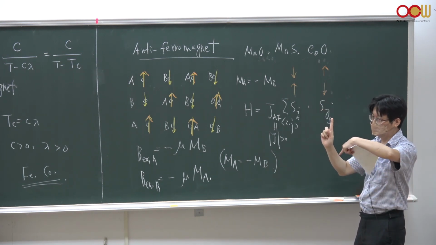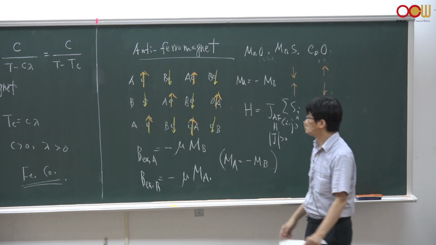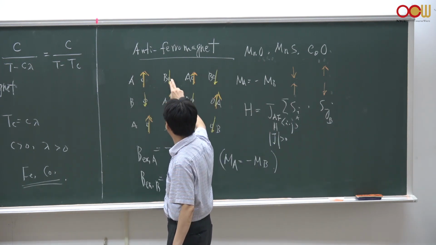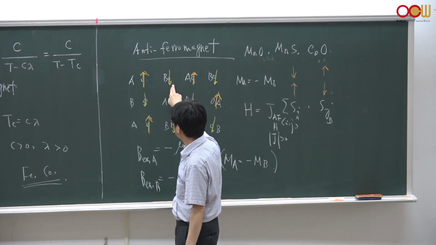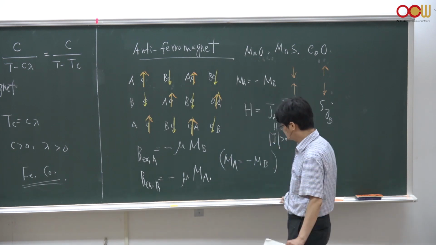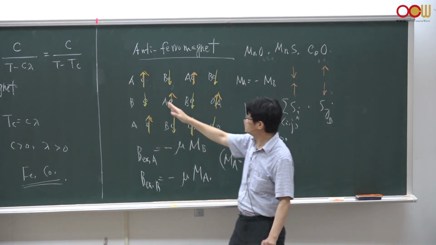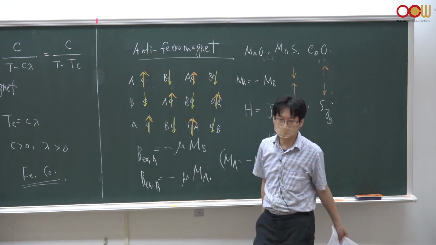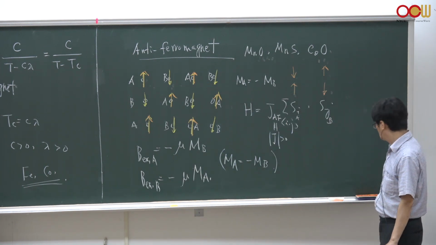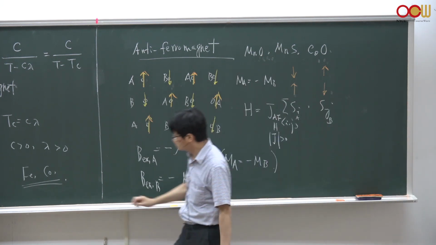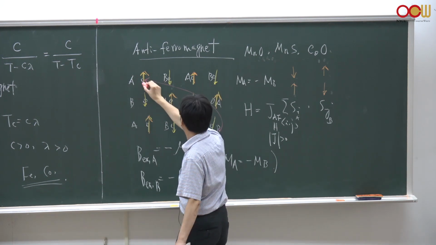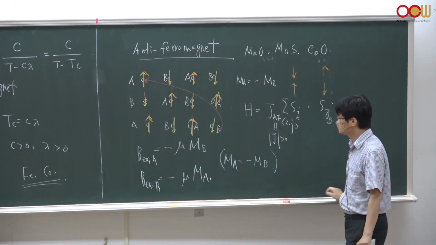So there is a long range order between the spins on sublattice A and the spins on sublattice B. It doesn't matter how far away the two spins are, they always have this perfect up, down type of alignment, right? And this relation could be very long range, because they are tightly linked together.